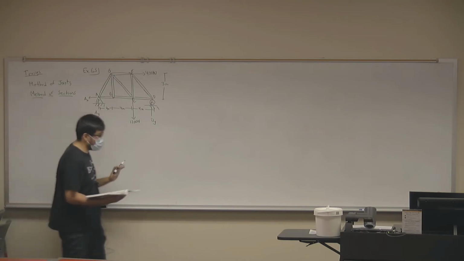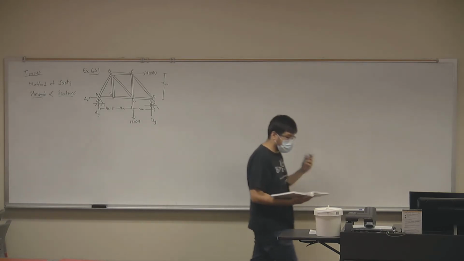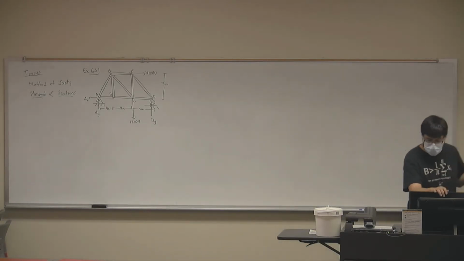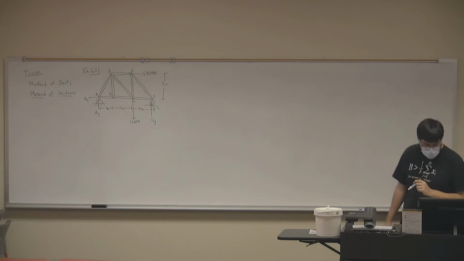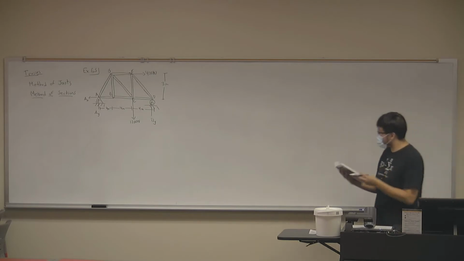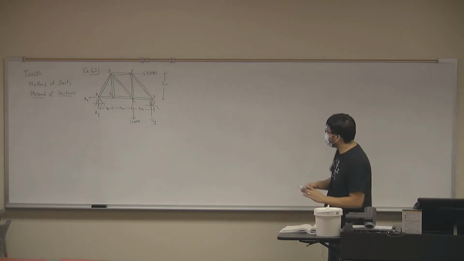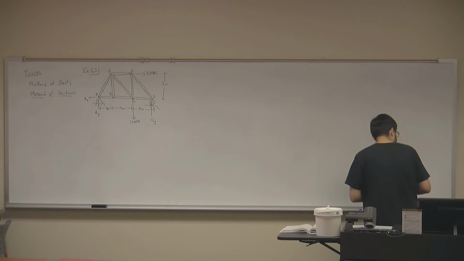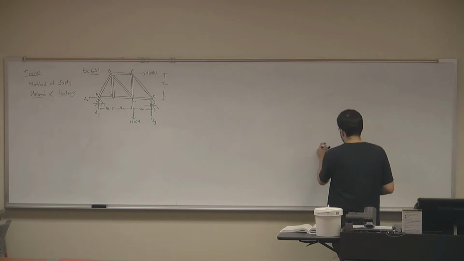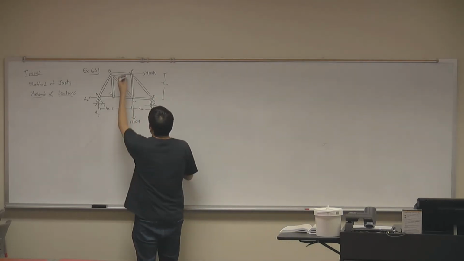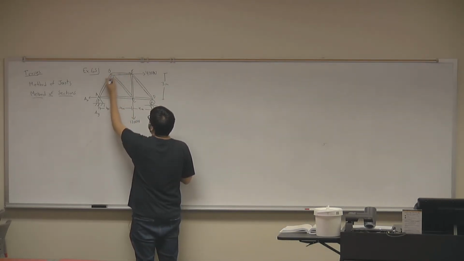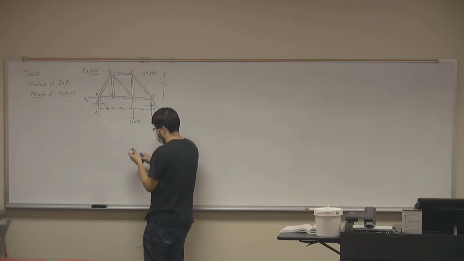Now what we're going to do today is, instead of solving for every single one of those trusses, let's find the force in GE, GC, and BC. In other words, out of all of these trusses, we would like to find the force on member GE, GC, and BC.